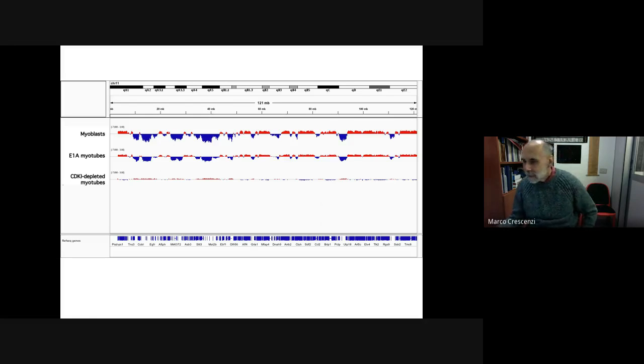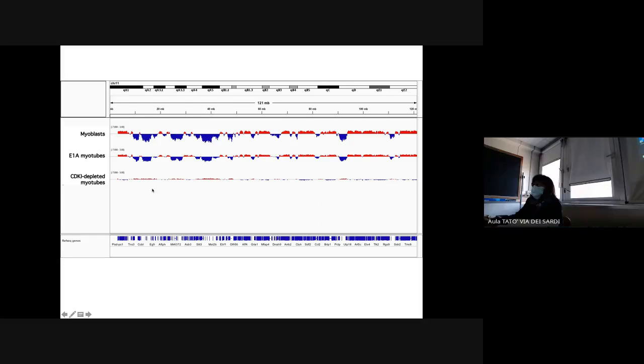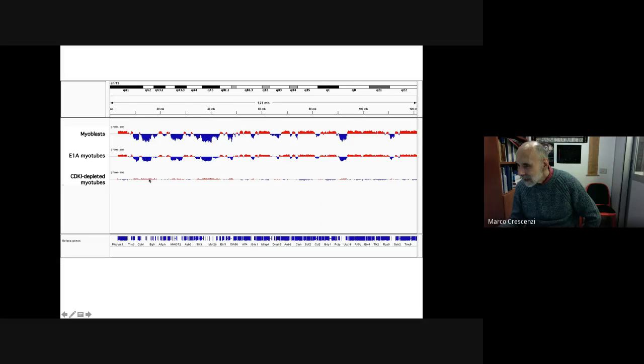Because if you look carefully, you see that the myotubes, even if depleted of their CDKIs, remember what they were. The very little timing that is left is the opposite of what you find in myoblasts or E1A reactivated myotubes. What is blue here is red here, and what is red here is blue here.